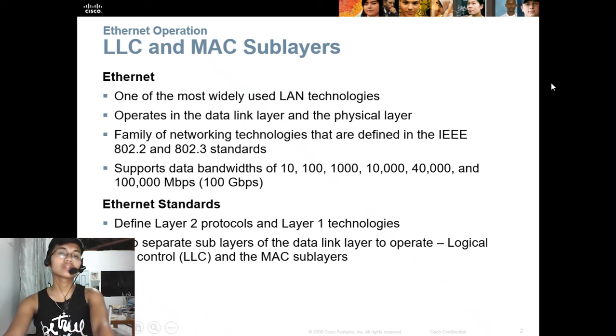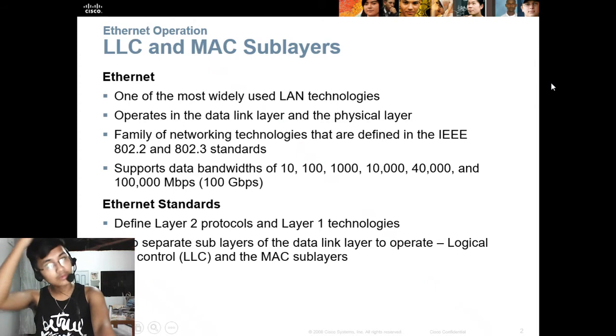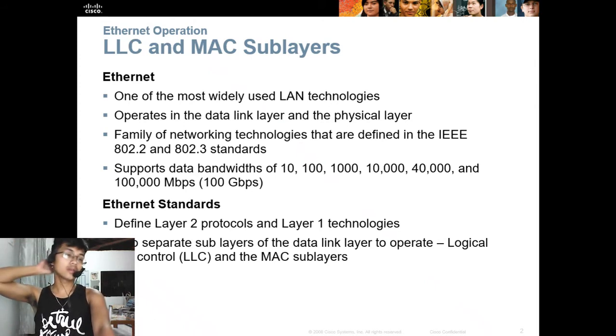So Ethernet is the most widely used LAN technology, and it is mainly our source of connection in modern times.